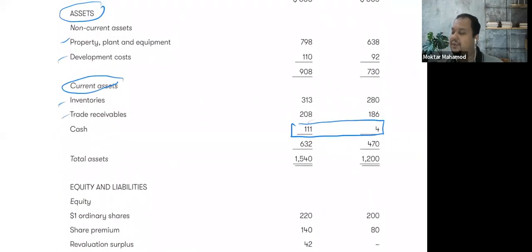So you can do workings in terms of opening. Usually you have your opening balance, and then a closing.